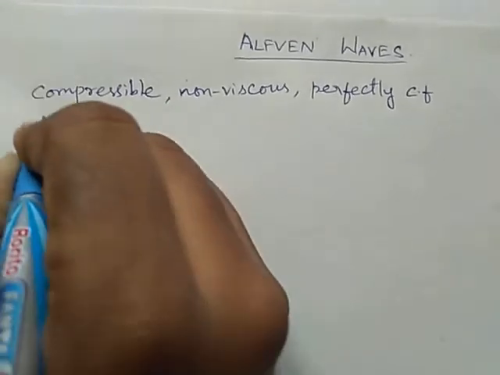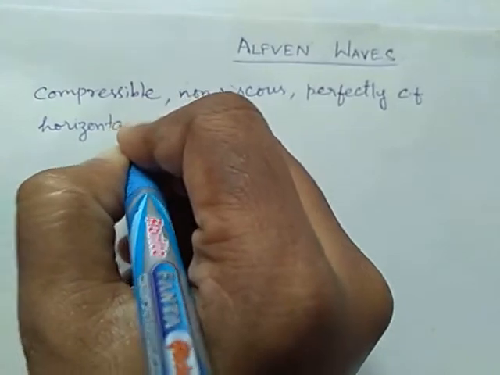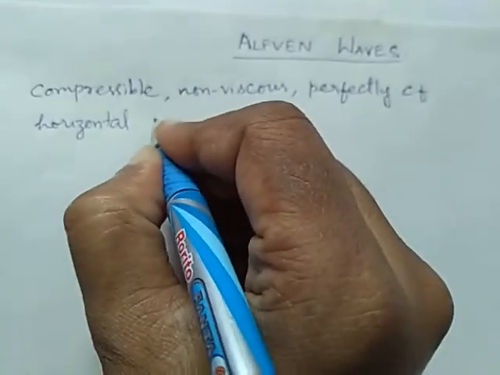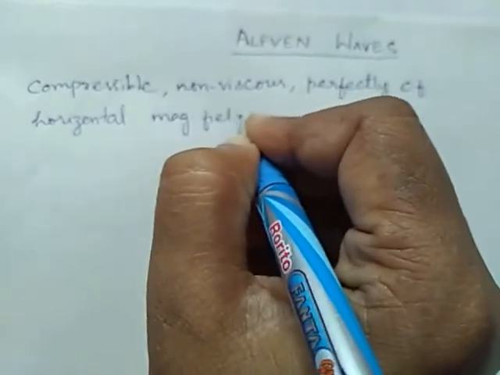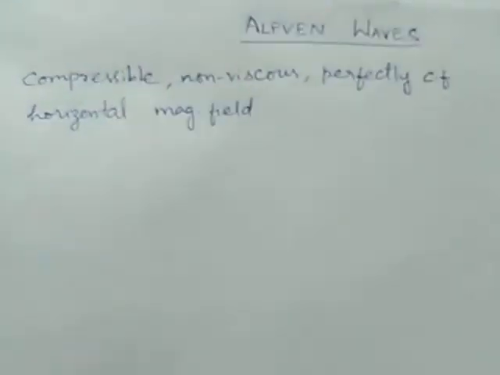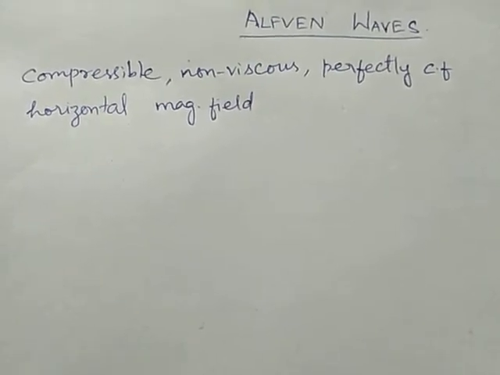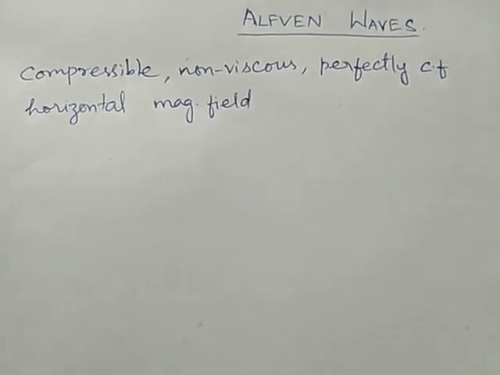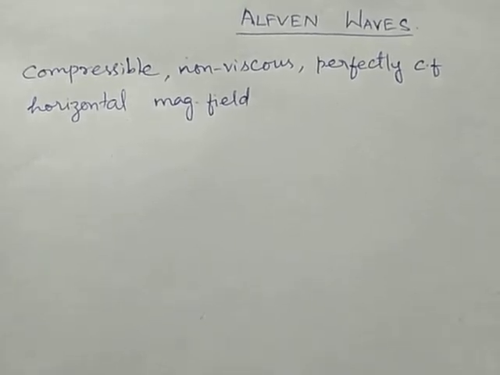In the previous case we considered a vertically applied magnetic field. Now we are considering a horizontally applied magnetic field. So these are the two differences between the previous derivation and this derivation. In the previous derivation, the fluid is incompressible and the magnetic field is applied vertically to the fluid flow.